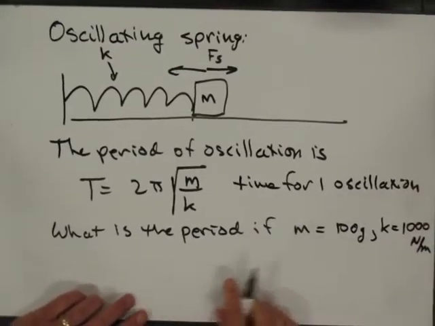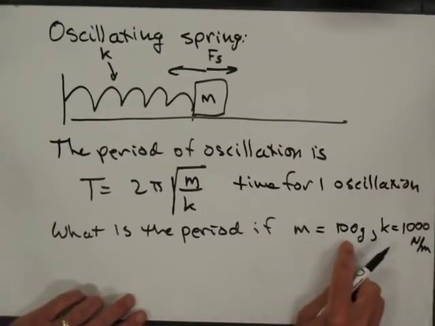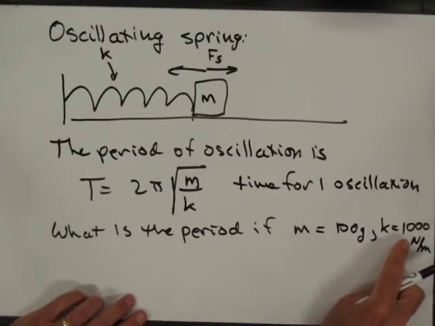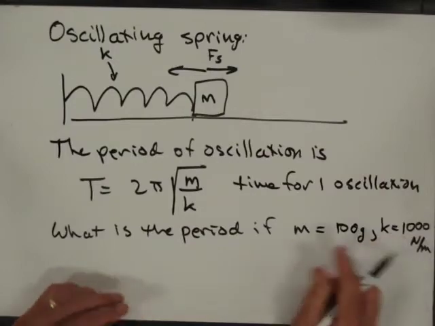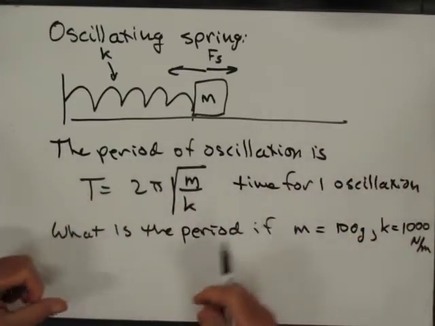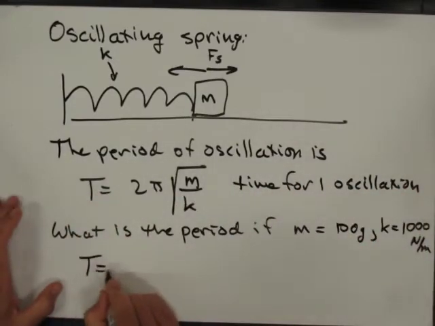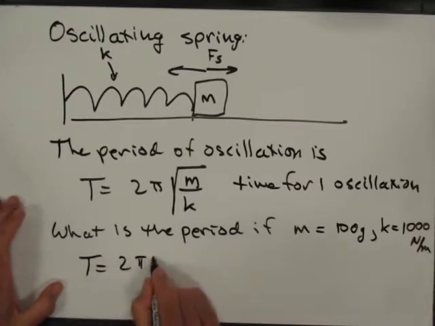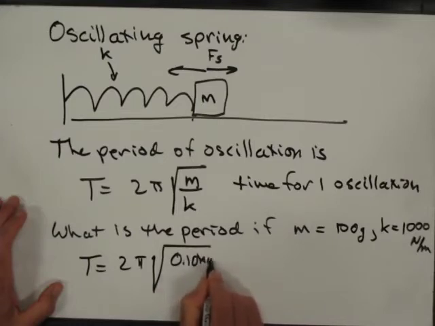So what's the period if the mass is 0.1 kilograms or 100 grams, and the spring constant is 1,000 newtons per meter, right? That's the stiffness of the spring. And so we can say, well, the period is 2 pi times the square root of 0.1 kilograms over 1,000 newtons per meter, right?